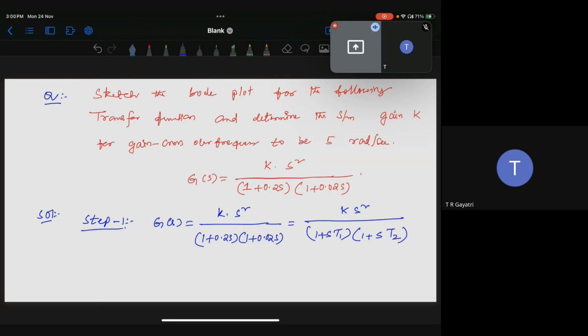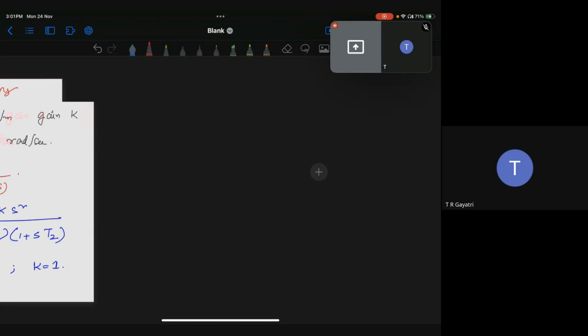Then substitute s equal to j omega, so we get G of j omega as K (j omega) square divided by (1 plus 0.2 j omega)(1 plus 0.02 j omega). So let's take K equal to 1.